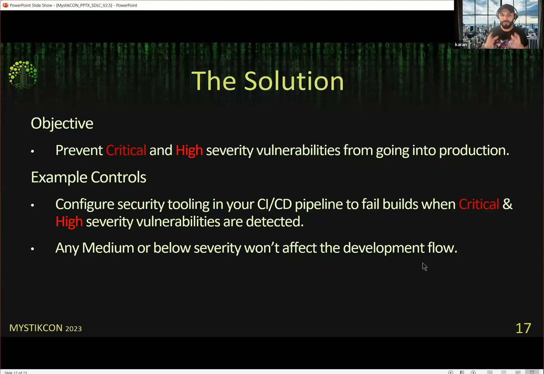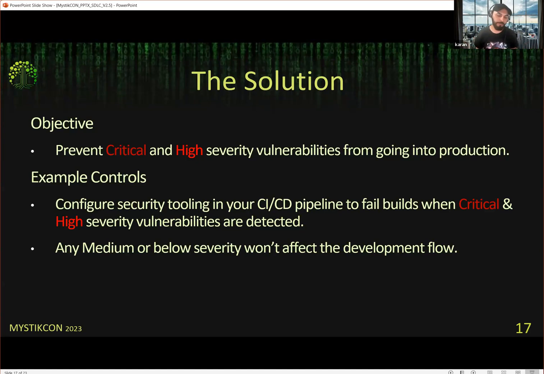Now, for the example security controls that you can introduce to achieve that objective, let's say you're using CI/CD pipelines. Well, you have to embed security tooling in your CI/CD pipelines, and then you have to tune that security tooling to detect security vulnerabilities, right? That's the whole purpose of why you have tooling in the CI/CD pipelines in the first place.